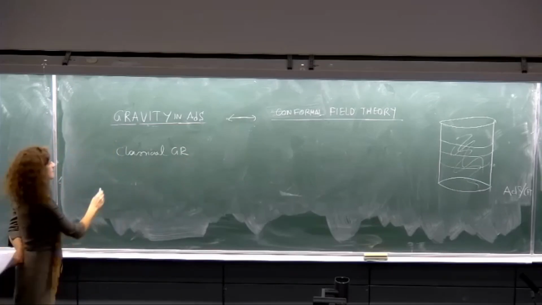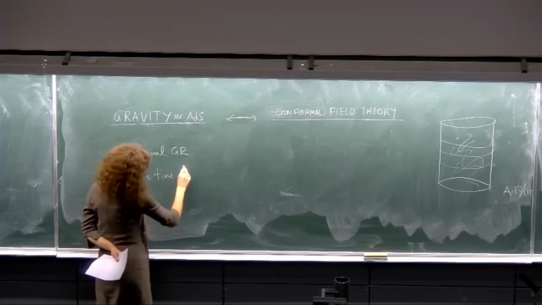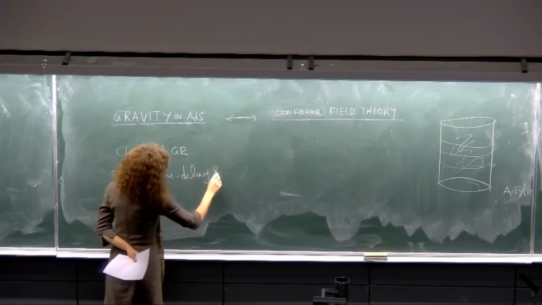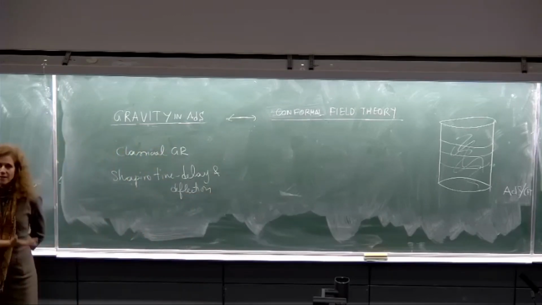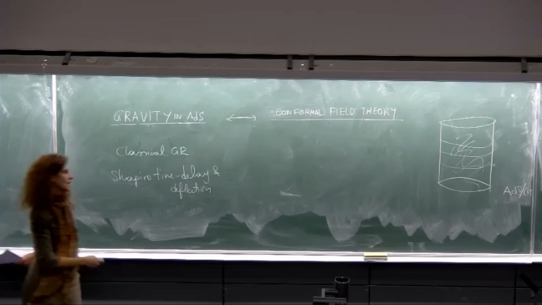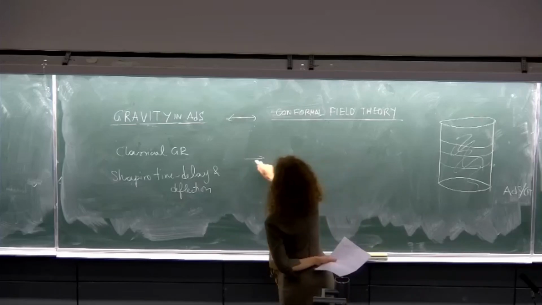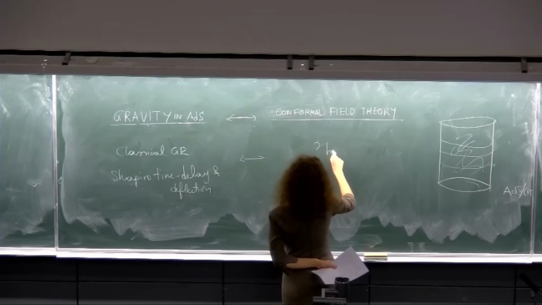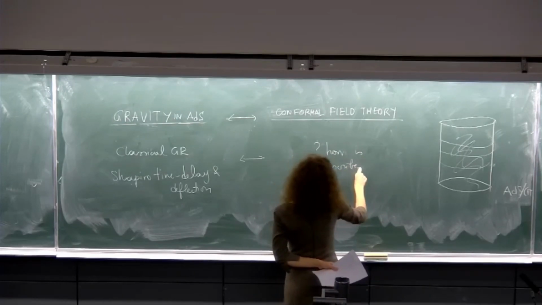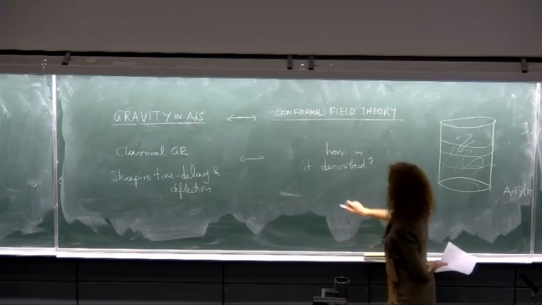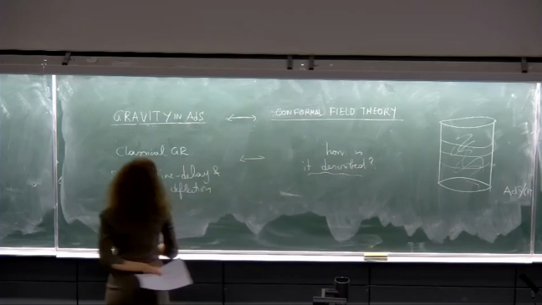Take a phenomenon like this Shapiro time delay and deflection. We have a phenomenon and we have an equation that general relativity provides for us. At the classical level, I can try to understand how it is described here. What, in a sense, are the appropriate variables that will give me the same result?